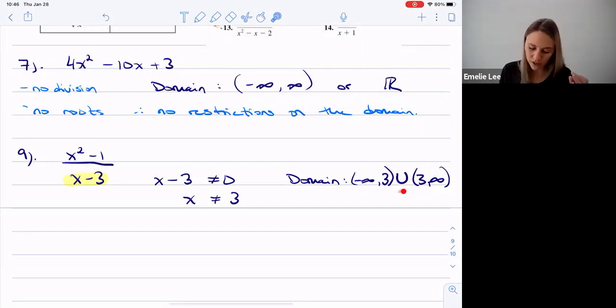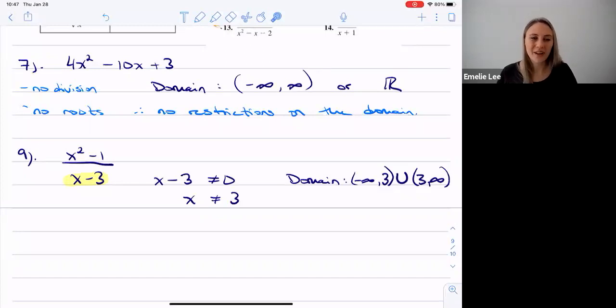So this is how we're going to start to build up our domains with interval notation. You just connect the different regions with a U. Okay, so from negative infinity up to 3, not including 3. And then we pick right back up at 3, right? Because x cannot be 3, but that's the only restriction.